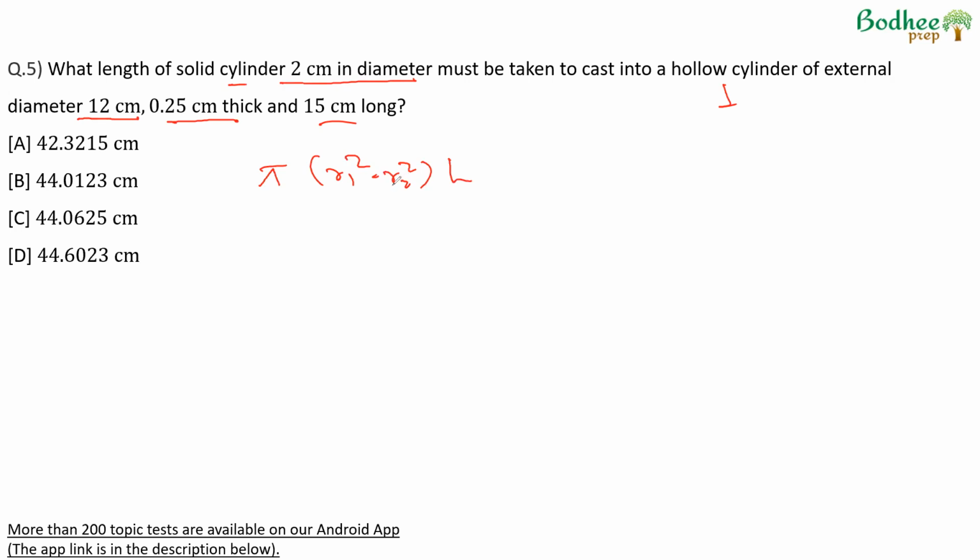R1 square minus R2 square will be the area of the ring that is formed at the top. R1 is the overall radius. R2 is the radius of the space which is hollow. So here the overall diameter is 12, so R1 becomes 6. 0.25 is the thickness, so R2 will be 5.75 centimeter.